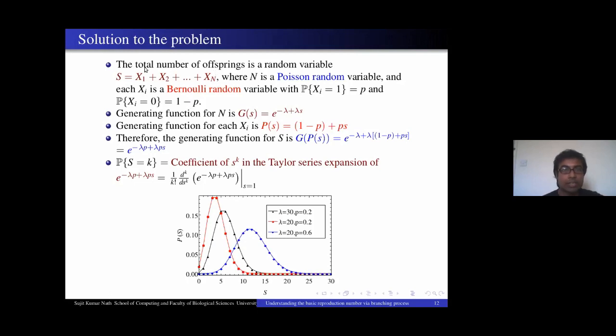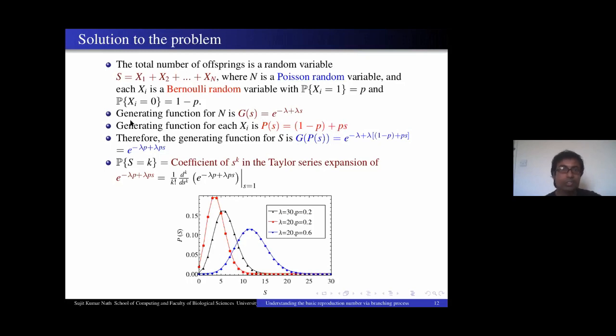So this is again a sum of a random number of random variables, where the number of seeds, capital N, is a Poisson distributed random variable. Now the generating function of N, we have seen for the Poisson distribution, is e to the power minus lambda plus lambda s, which is G(s), and the generating function for each individual Xi is P(s), because this is the probability of failure times s to the power 0, which is 1, and probability of success times s to the power 1.